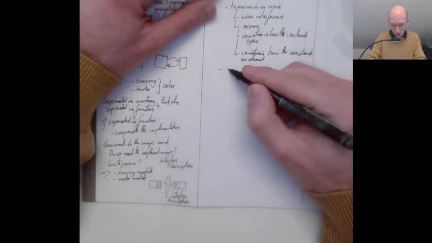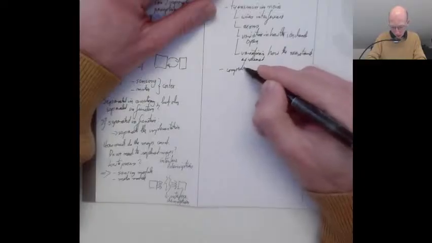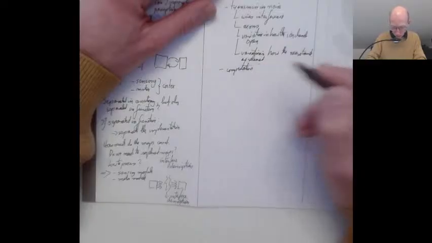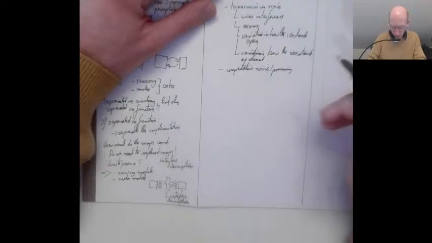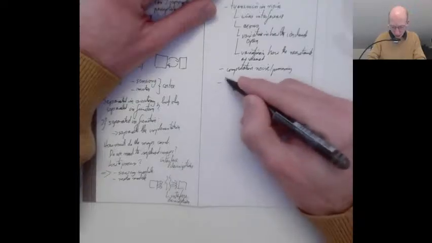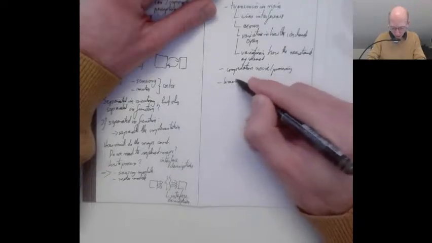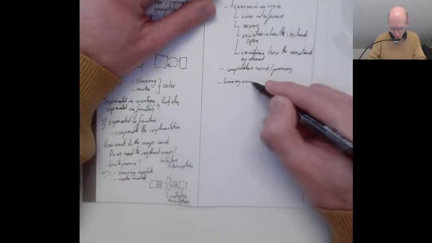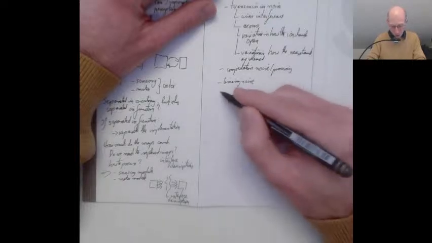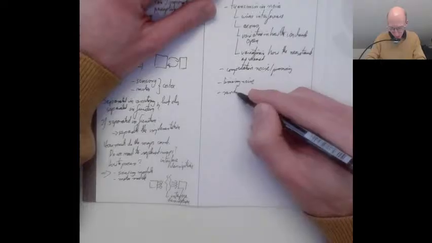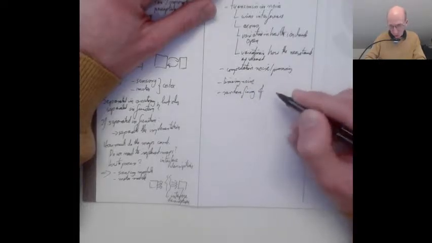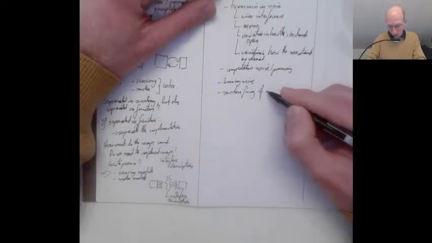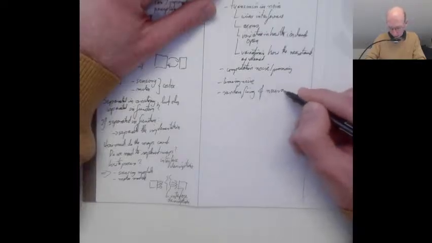We also have computation noise, so I call it computation. That's currently the metaphor being used. But really, or processing noise. We have certainly timing noise. We also have, and we know this, random firing of neurons, which is actually quite wild.